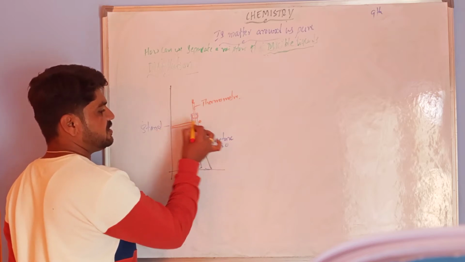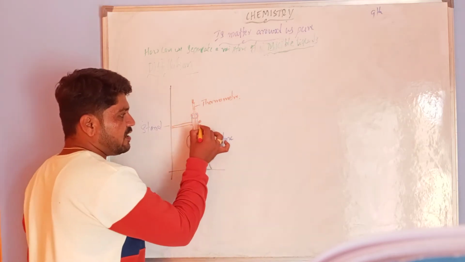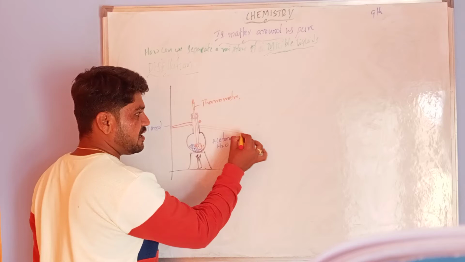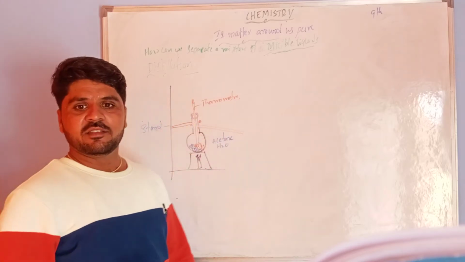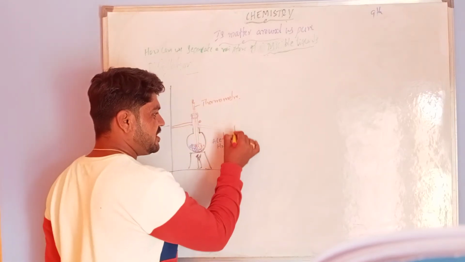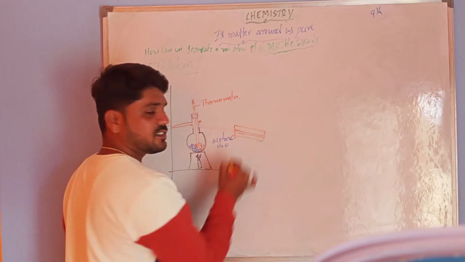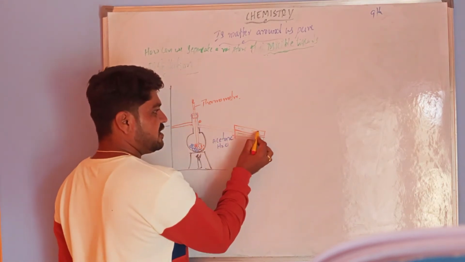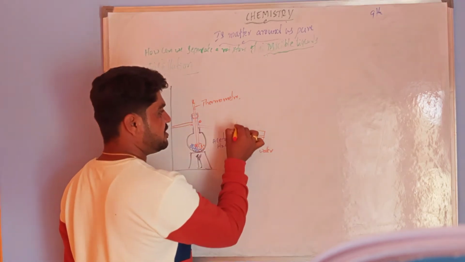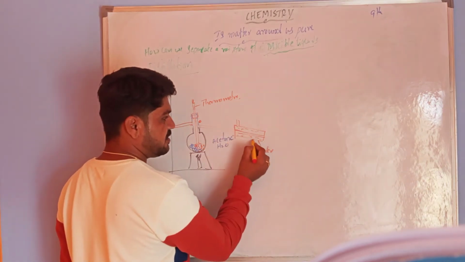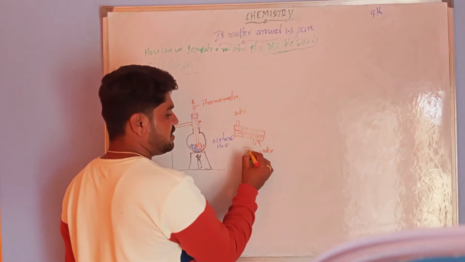So this stand holds the distillation flask. For this, we have to draw an outlet. From this outlet, we have to fix the condenser. In this condenser, water is present. This is the outlet, and this is the inlet.